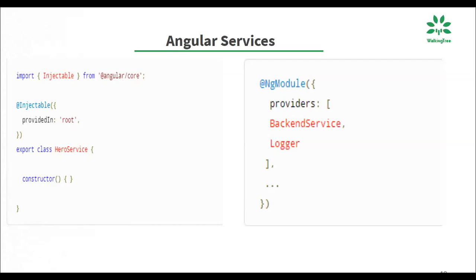On to the next question. Can you explain the async pipe? In the async pipe, like async await, it will wait for the backend call. Suppose you have an observable. It gives you a kind of promise that it will get the data and let you know.